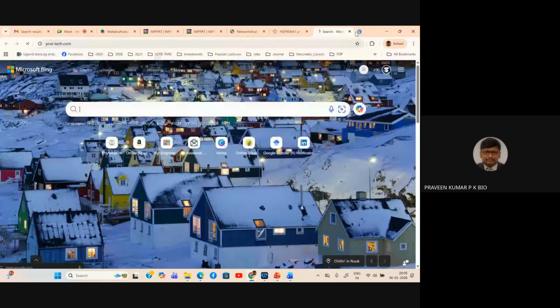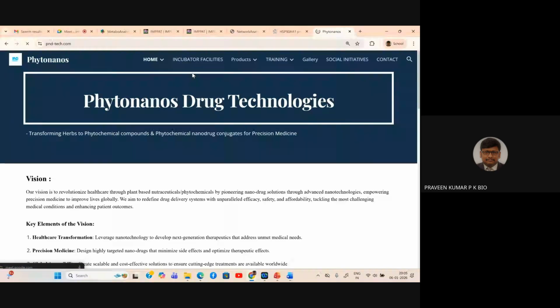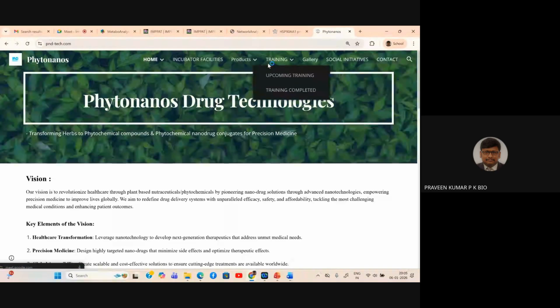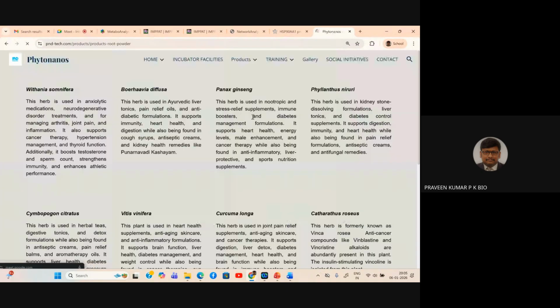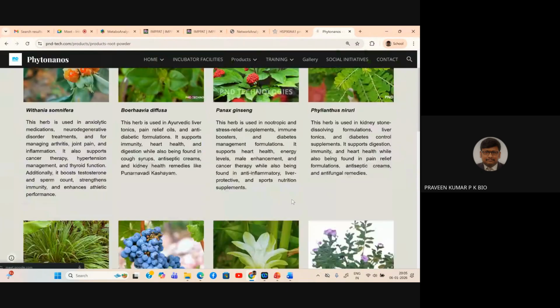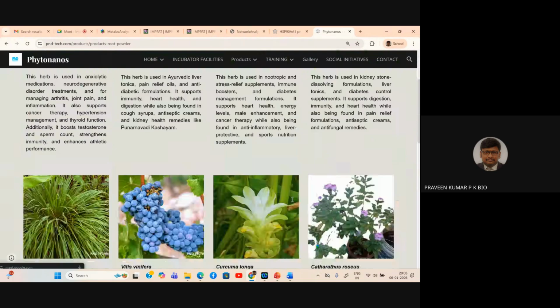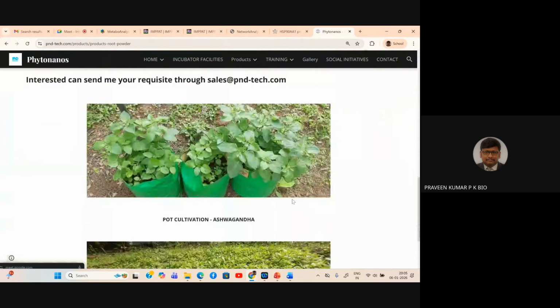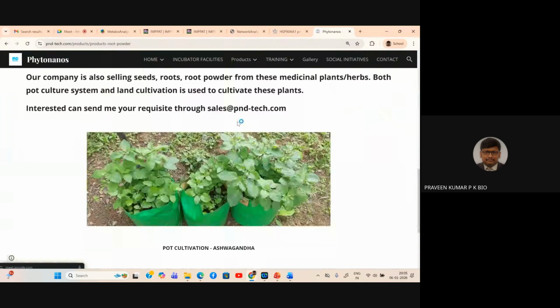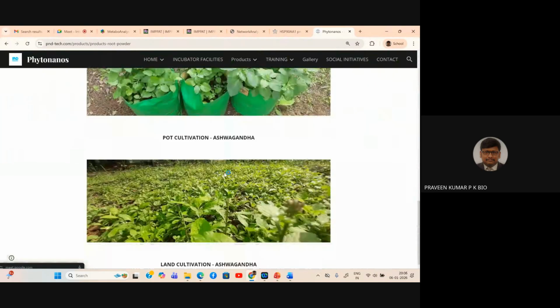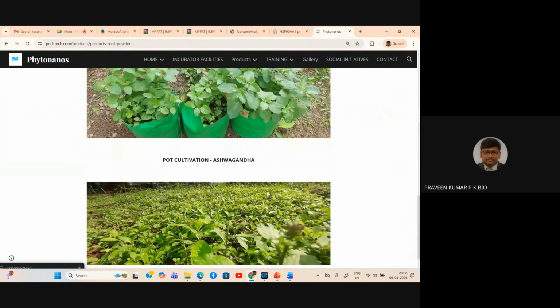Of course, because I'm explaining about this, one should have knowledge of phyto nanostruct technologies. The products we have, I just need 30 seconds to complete. Our major products are root powders from these seven plants. We are growing the herbs in pots as well as in the soil.